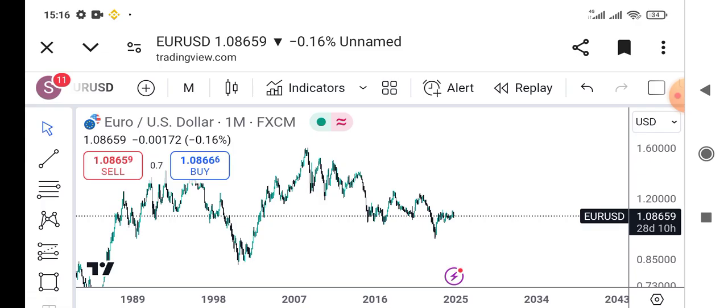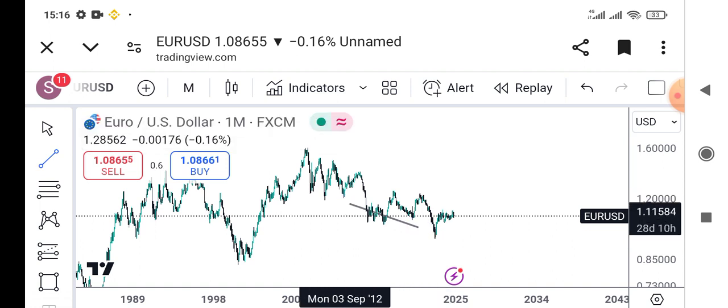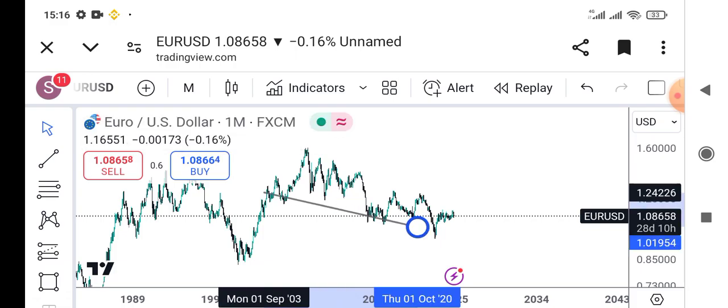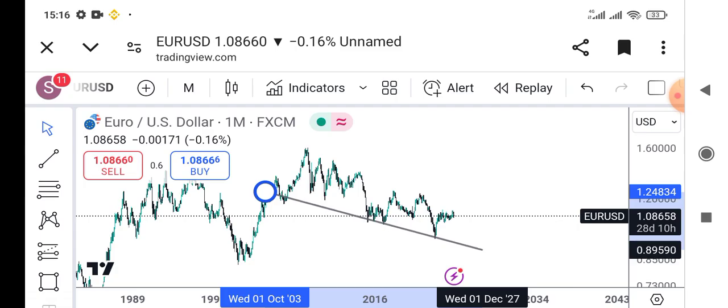So let us have our drawing tools. So when we look at our market, just a minute, we'll just make it come out clearly. So we'll just draw these arrows on this corrective part of the market.